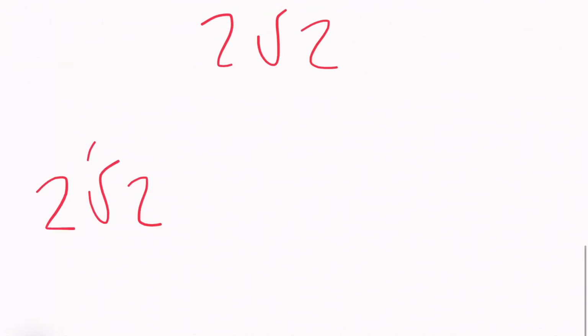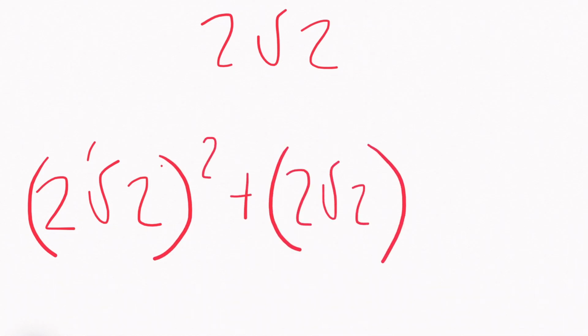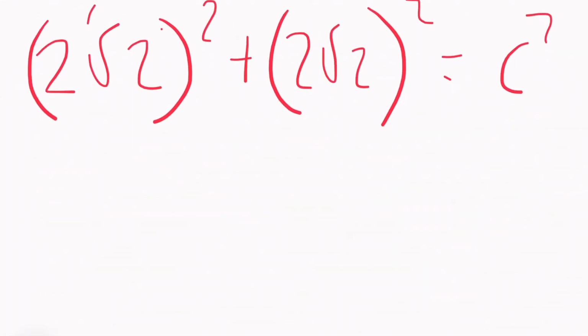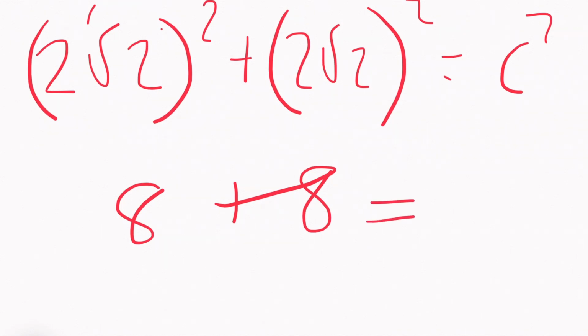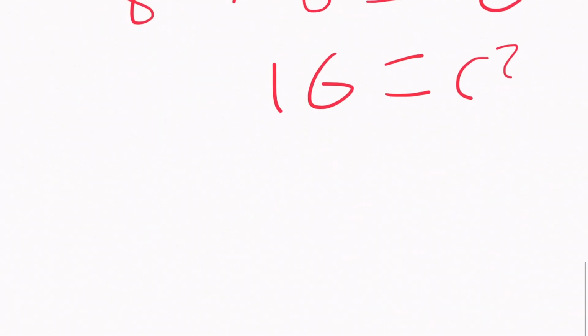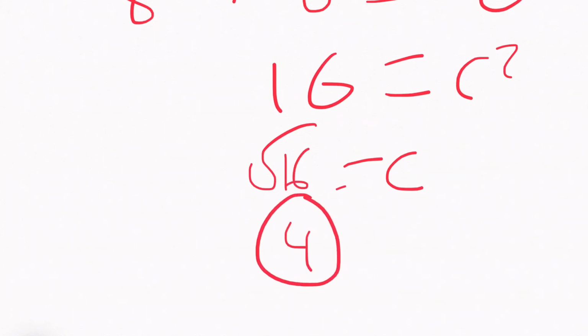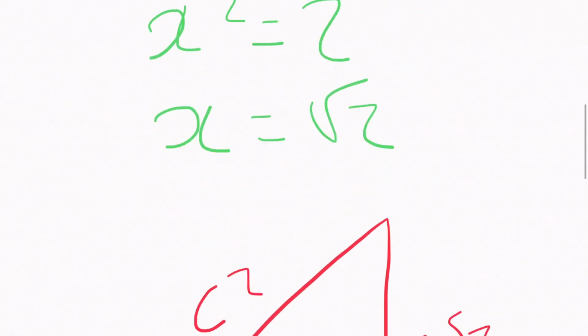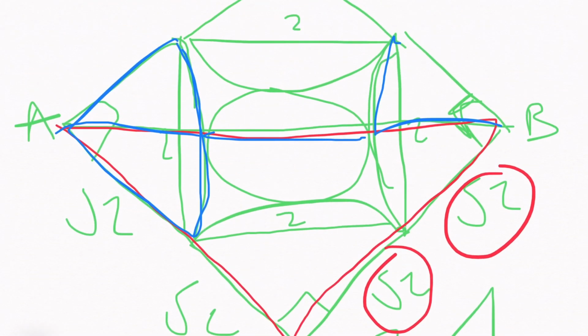So 2 root 2 squared plus 2 root 2 squared equals c squared. If we do each individually, 2 squared is 4, and root 2 squared is 2. So 4 times 2 is 8. So 8 plus 8, which equals 16, equals c squared. So if 16 equals c squared, then c equals root 16, which is 4. So c is 4, so our AB equals 4.